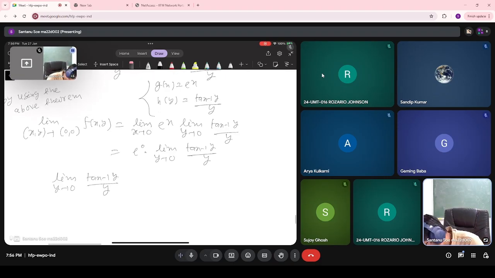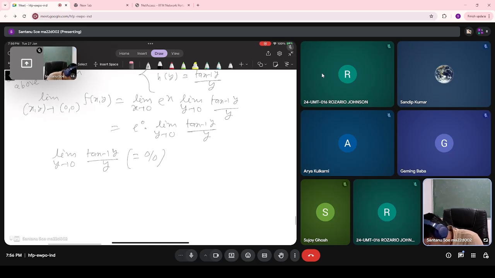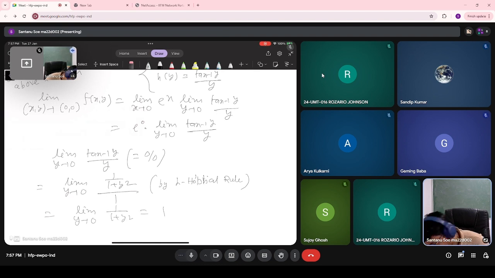Here you can use L'Hopital's rule. If you put y equals 0, this is a 0 by 0 form. Correct. So by L'Hopital's rule, you can take the derivative and the limit will still be equal. This will be 1 by 1 plus y square divided by 1, which is nothing but 1 by 1 plus y square, and this is 1.